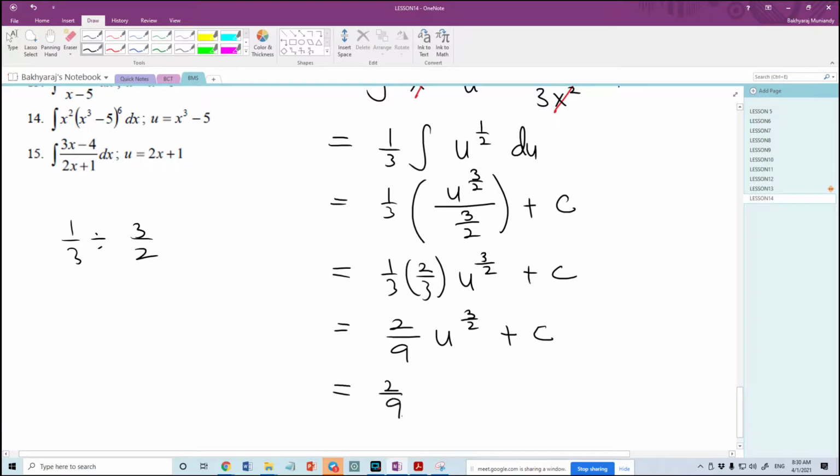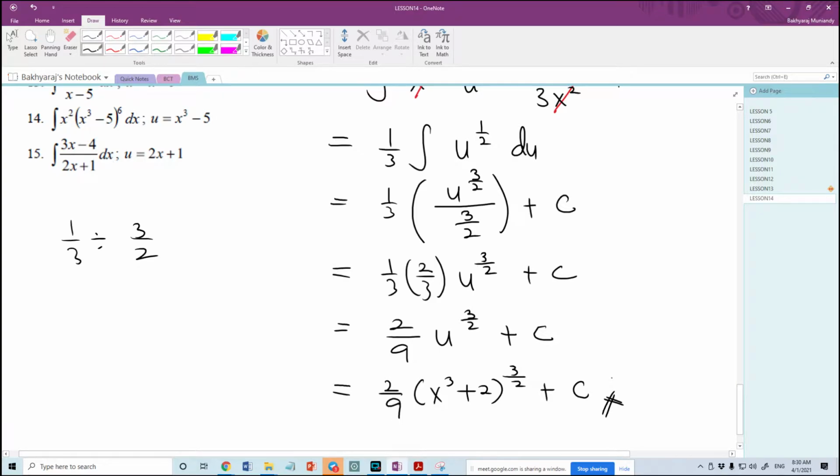So 2 over 9 bracket, here you get x power of 3 plus 2, and 3 over 2 plus c. So I should convert. Actually I missed this.